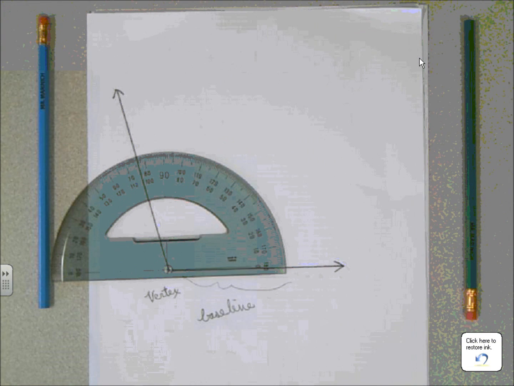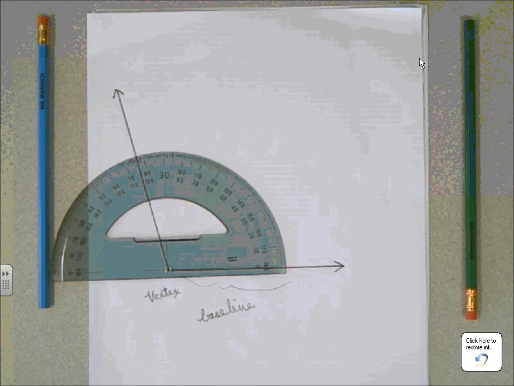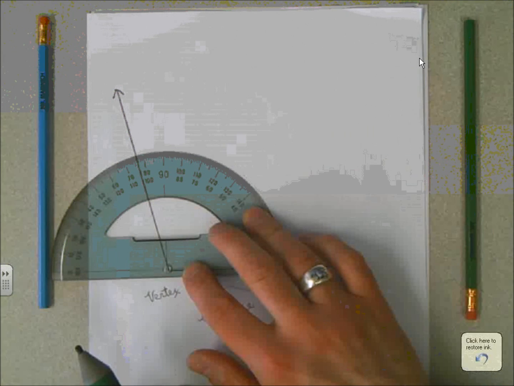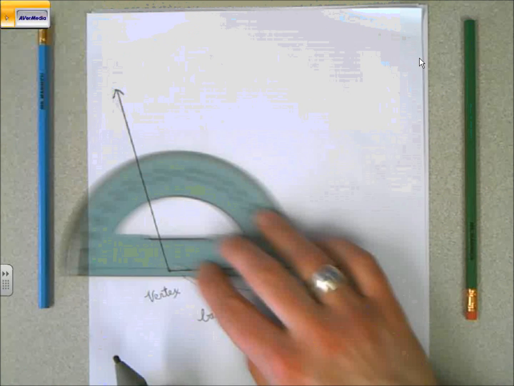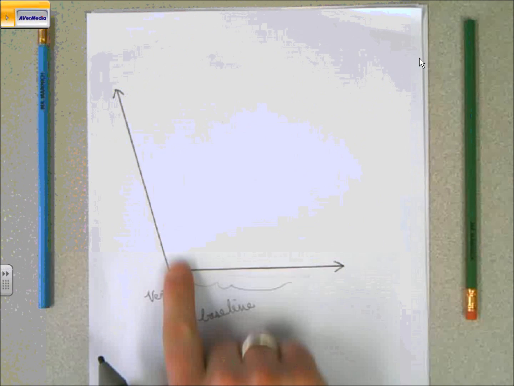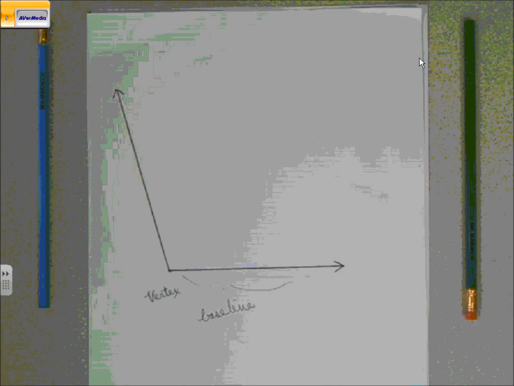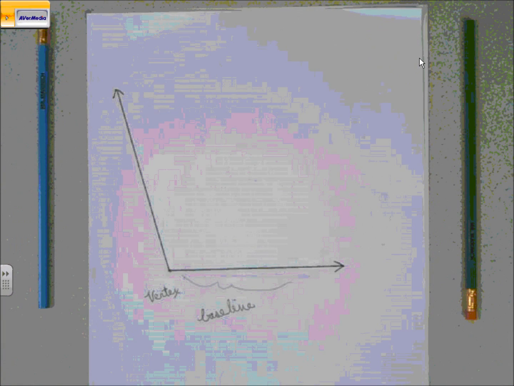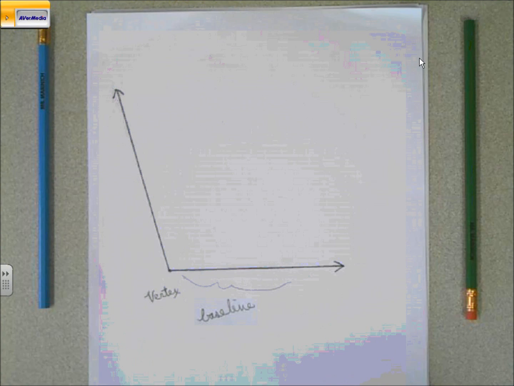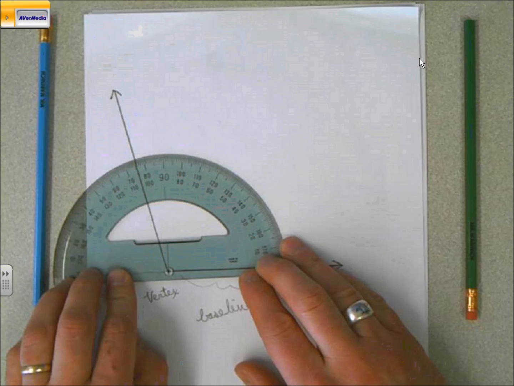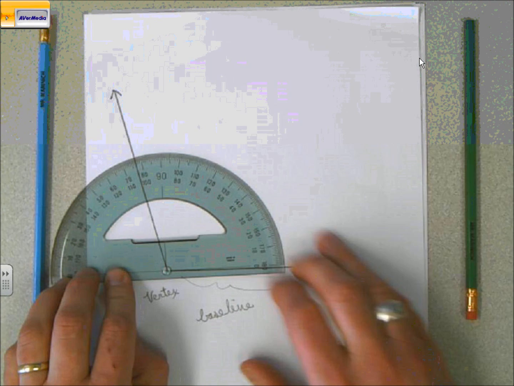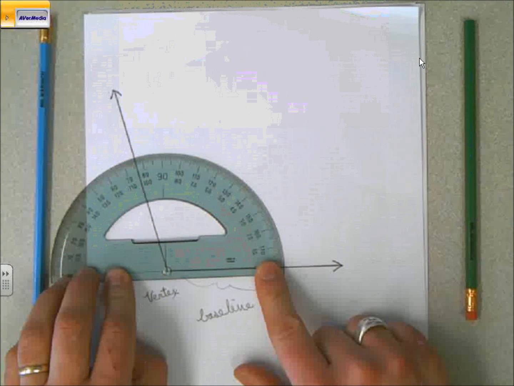That makes sense because if you look at your angle, we talked about obtuse angles, and definitely this angle looks to be obtuse. It's greater than 90 degrees. So once again, you line up the vertex through that little view window, and the baseline is lined up.